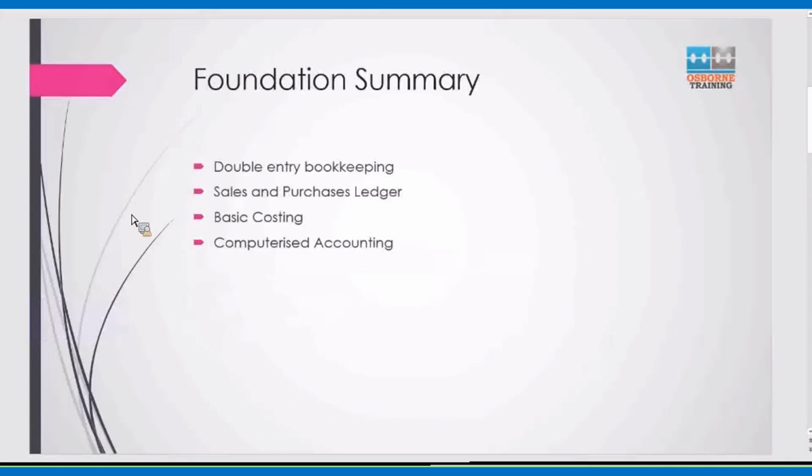So, the foundation course as a whole for AAT, there are two modules linked together, bookkeeping transactions and bookkeeping controls, and they cover double entry bookkeeping and also our sales and purchases ledger, so all our invoices, credit notes and other documentation that we need to process that we then put into our double entry bookkeeping system.